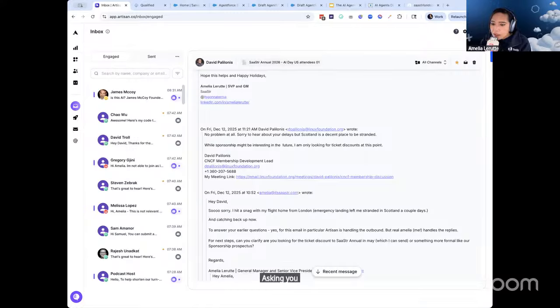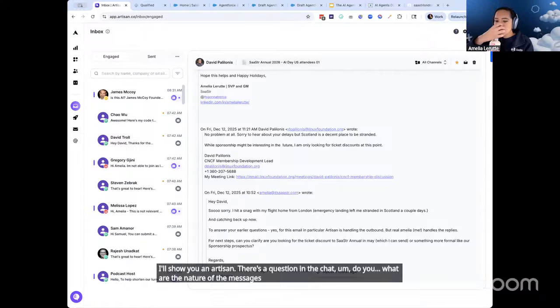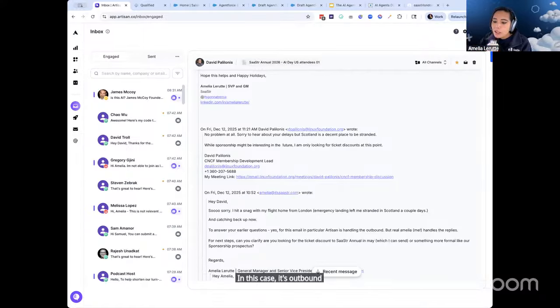Asking you to say if it's AI, we can cover that. Oh, there is a relevant question here. I'll show you an Artisan. There's a question in the chat. What are the nature of the messages, which in this case is outbound in different buckets? Do you see more success in some call to actions or types versus others?